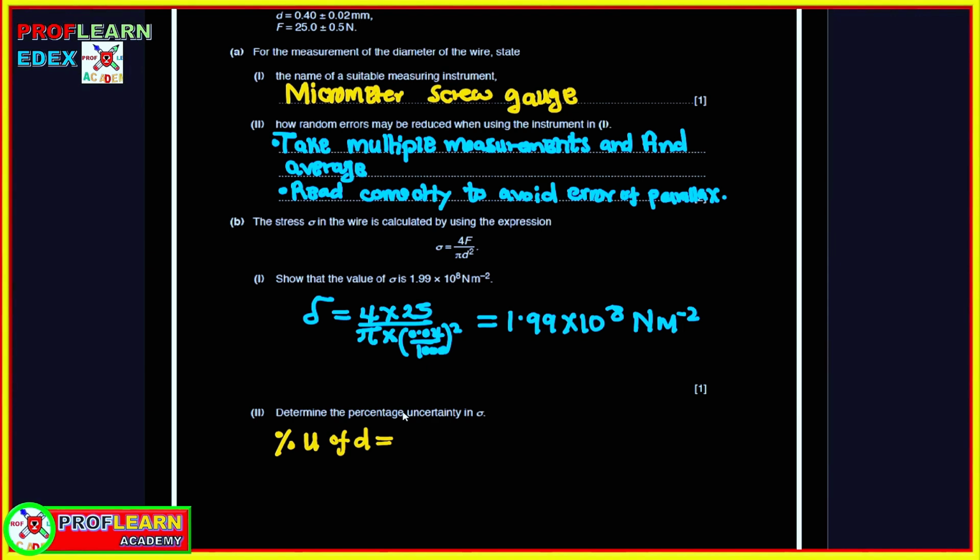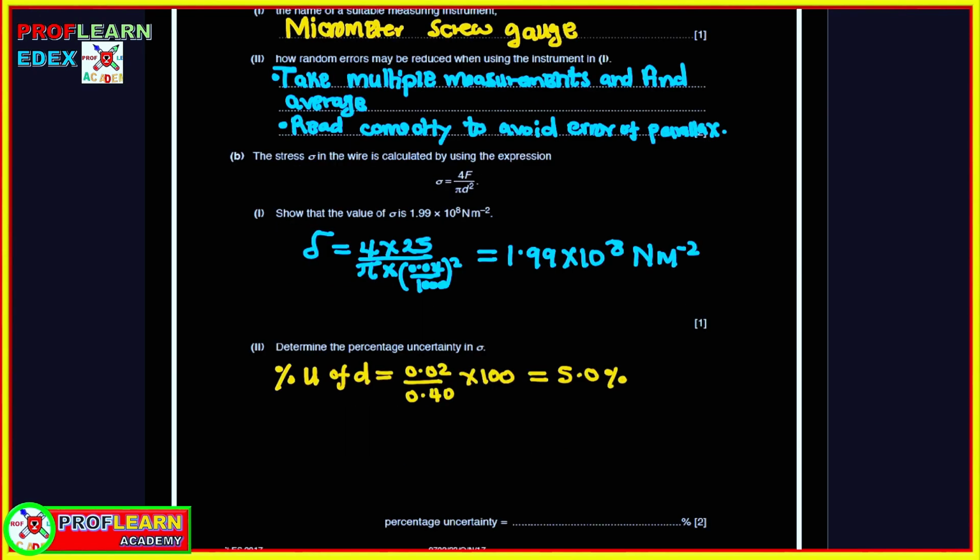So first we're going to find the percentage uncertainty of D, and that's going to be equal to the absolute uncertainty of D, which is 0.02 divided by 0.4, which was the measurement, then times 100. This gives us the percentage uncertainty of D.